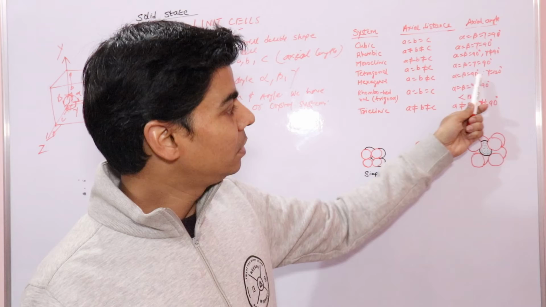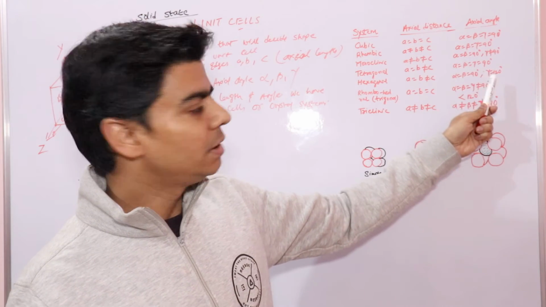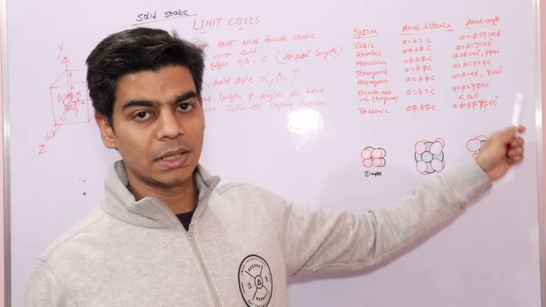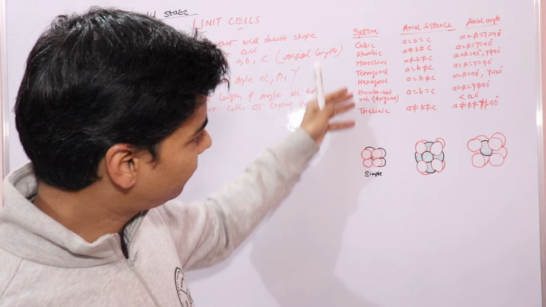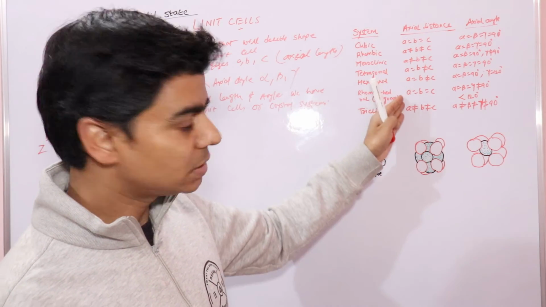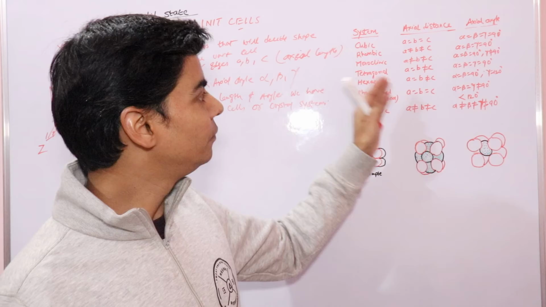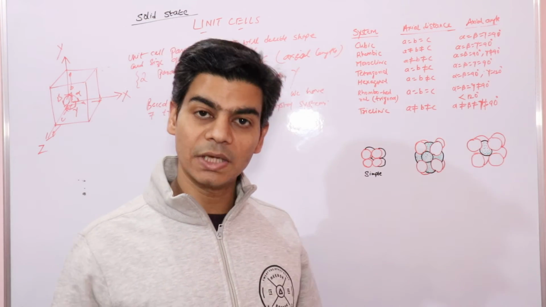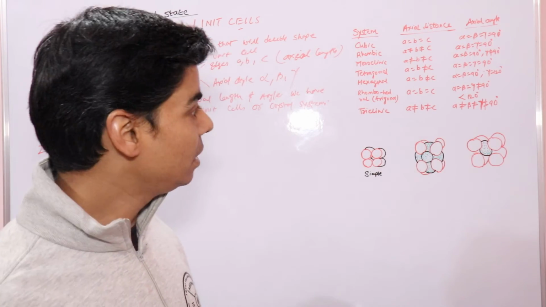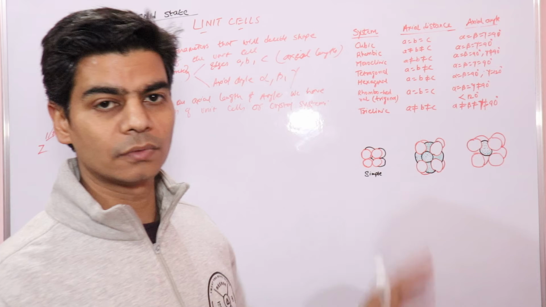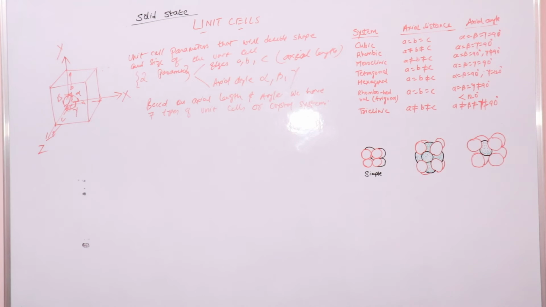And here two angles are 90 degrees and one angle, gamma, is 120 degrees. So these are the values of different unit cell parameters. Based on this, we have 7 unit cells or 7 crystal systems, and any crystal must belong to one of these crystal systems.